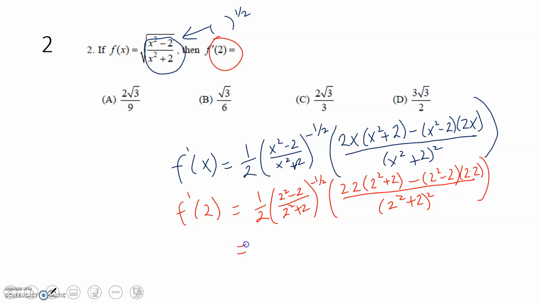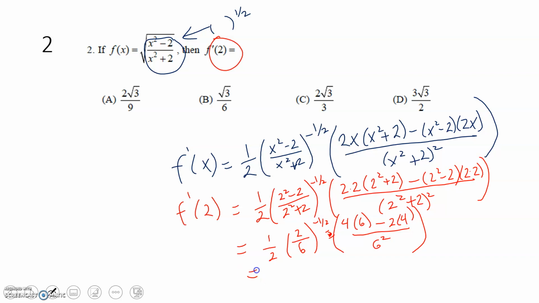And then we'll clean it up. So that is 1/2 times 4 minus 2, which is 2, over 4 plus 2, which is 6, to the negative 1/2, times 4 times 6 minus 2 times 4 over 6 squared.